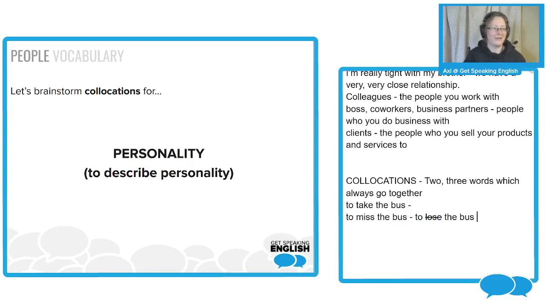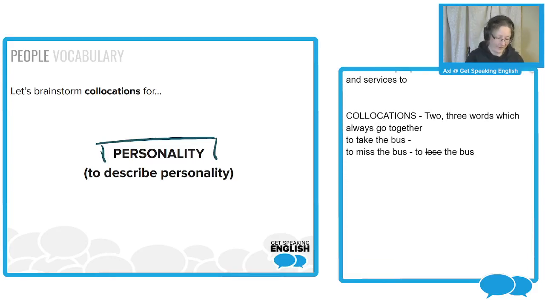So let's think of some collocations with the word personality that we could use to describe personality. I'll give you an example. We could say that somebody has a big personality. Somebody who has a big personality, they come into the room and you know who they are.